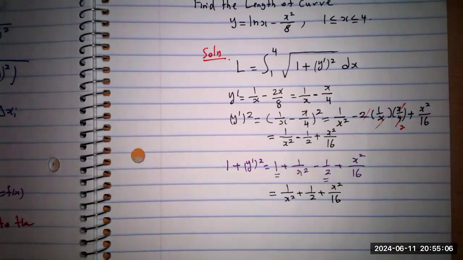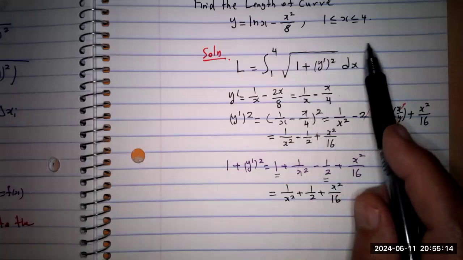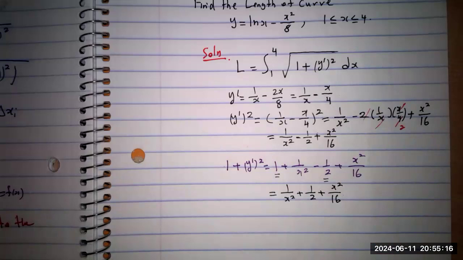There are a group of them of this format. That makes it easy for you, because if you make a complete square, then the square root would disappear and your result would be easy to find. At this level, most of them are going to be of this format, so take advantage of this. So write it down as 1 over x plus x over 4 squared.